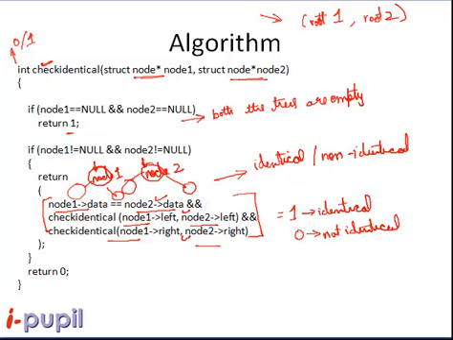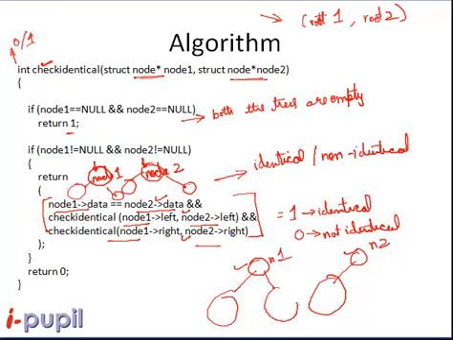So essentially, the three conditions that I'm going to use: this is node 1, this is node 2. Both these nodes should have the same data. Also, the left subtree of node 1 should be equal to the left subtree of node 2. Also, the right subtree of node 1 should be equal to the right subtree of node 2.